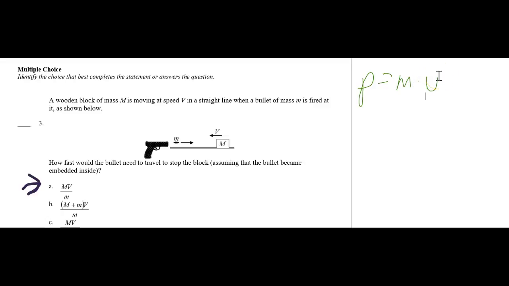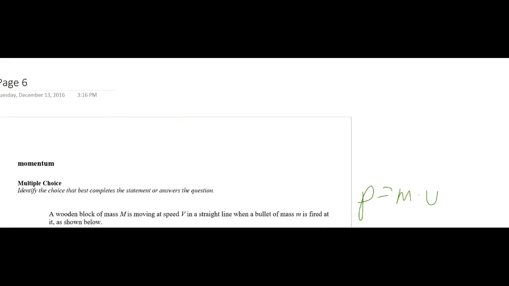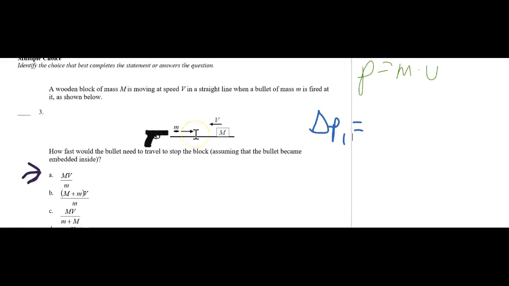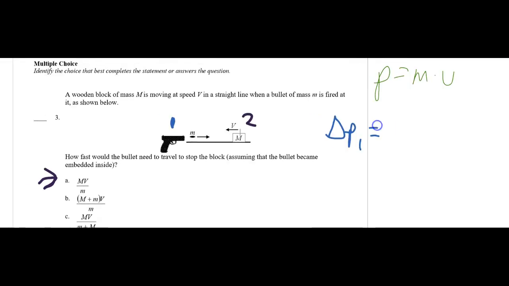So we have a couple of different ways to solve it. You can start with the change in momentum of object 1, and this is object 2, which have to be equal and opposite because there are no external forces here.